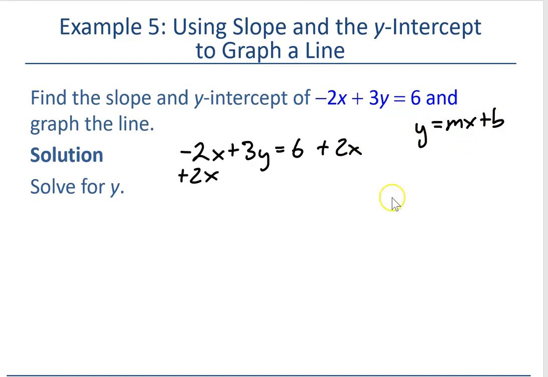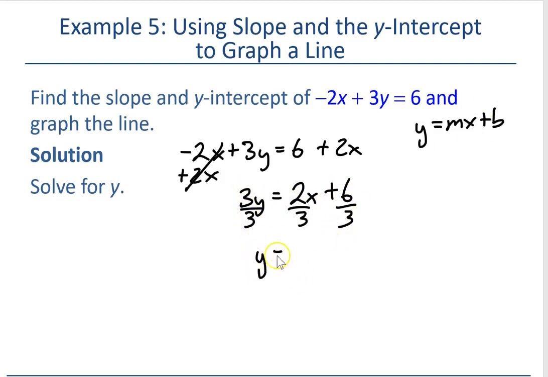This is going to reduce, and I'm left with 3y equals 2x plus 6. Now I'm going to divide everything by 3 to get rid of it on this side, and I end up with y equals 2/3 x plus 2, where my y-intercept is 0, 2.